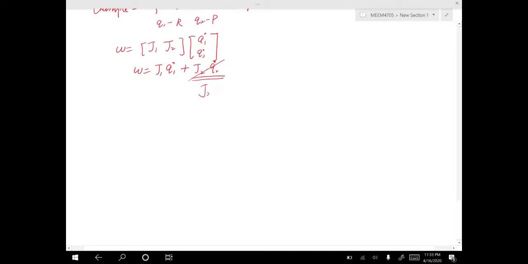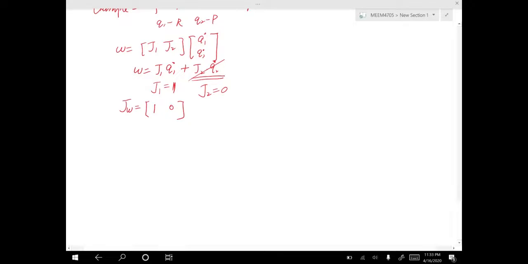The angular velocity of the end effector is fully determined by the first joint, which is a revolute joint, so J1 equals 1. For this simple case with two joints, the angular velocity Jacobian equals 1, 0. Okay, so that's it.